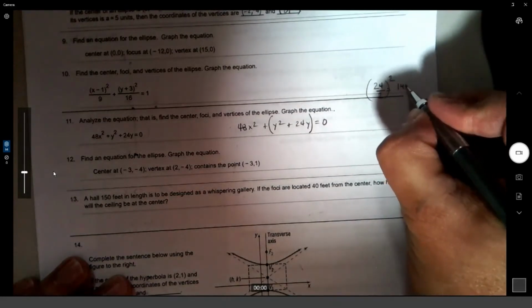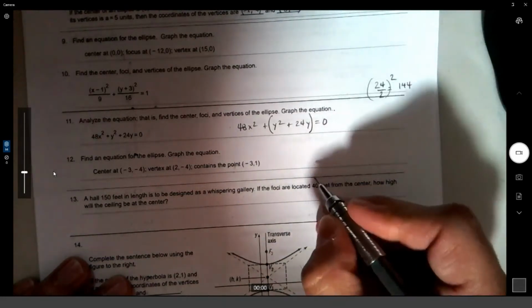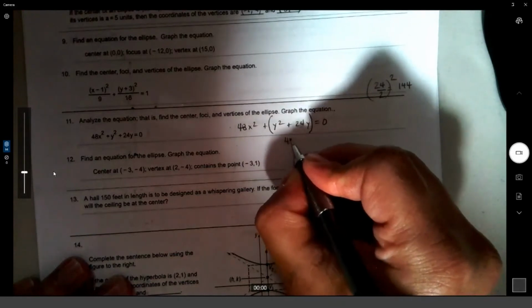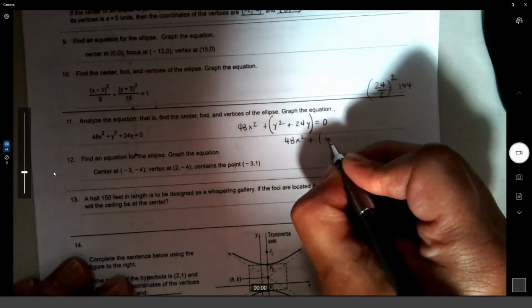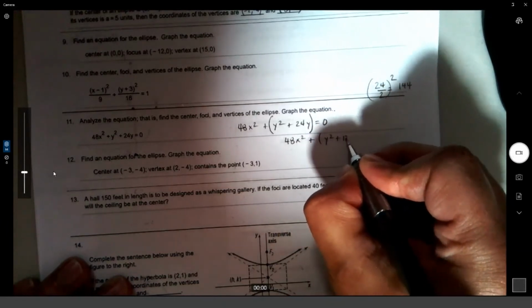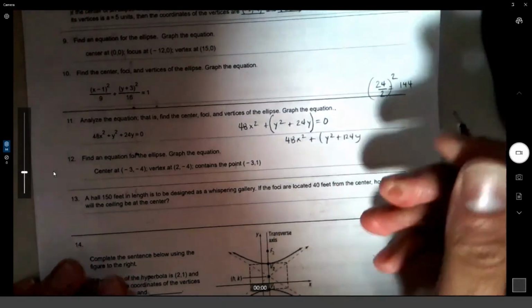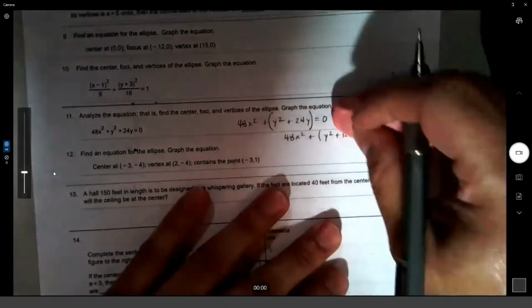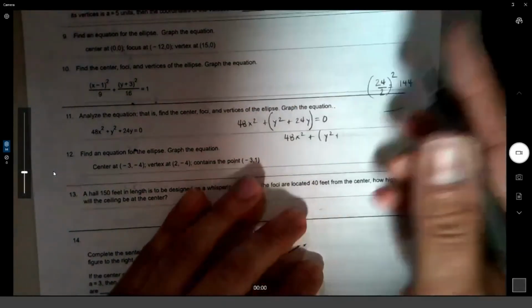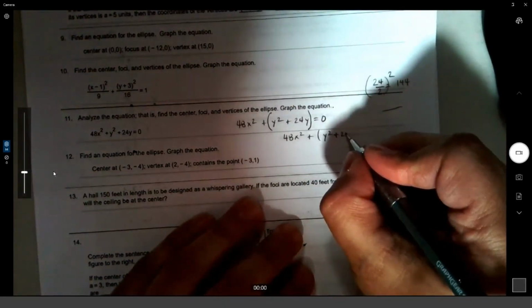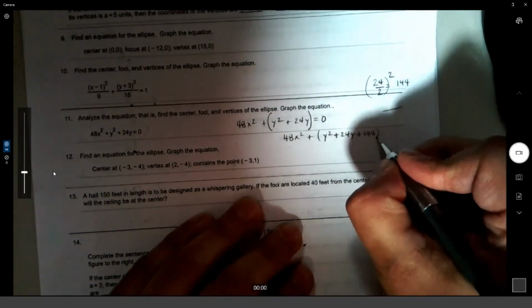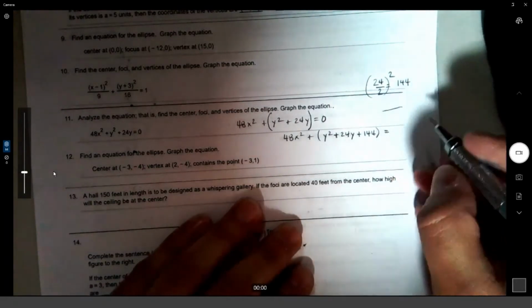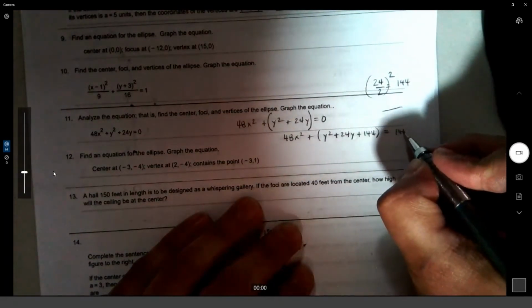12 squared is 144. Thank you. So we have 48 x squared plus y squared plus 24y plus 144 is equal to 144.